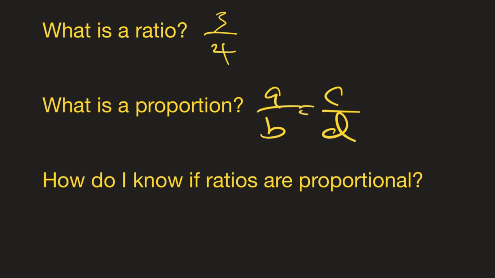Now, I didn't put any numbers in this. I just used variables. A over B equals C over D, okay? Basically, when we take two ratios and we set them equal to each other.